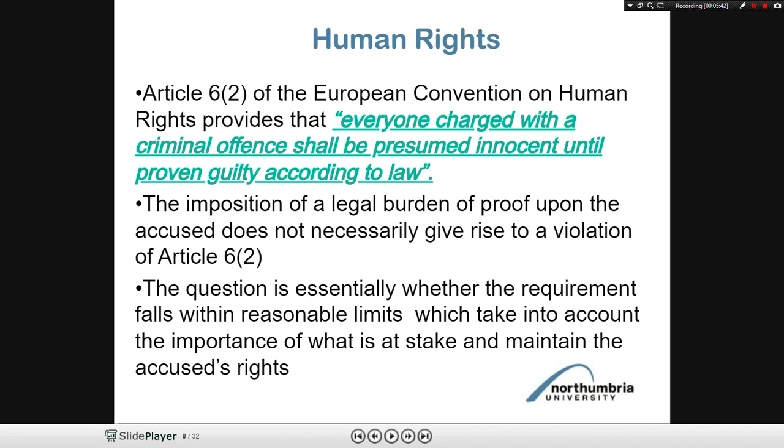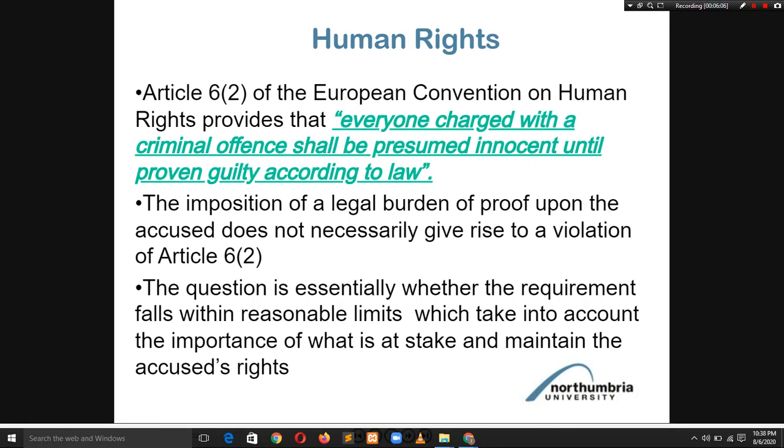So, Article 6.2 of the European Convention on Human Rights provides that everyone charged with a criminal offense shall be presumed innocent until proven guilty according to law.